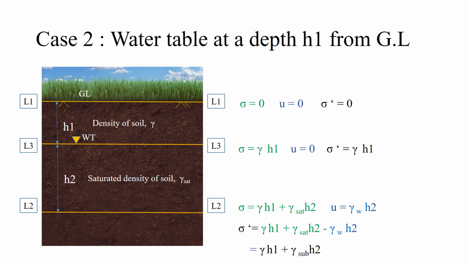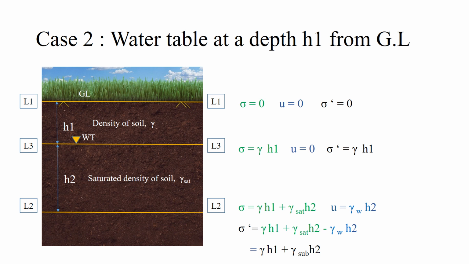At L1, since there is no soil or water above it, the effective stress is obtained as 0. Now when considering L2, we obtain the total stress as gamma into H1, which is for the soil part that is above water table, plus gamma saturated into H2 when we are considering the soil below the water table up to the level L2.